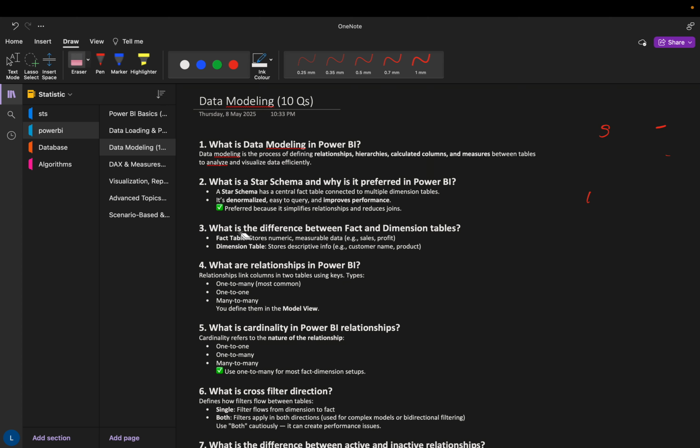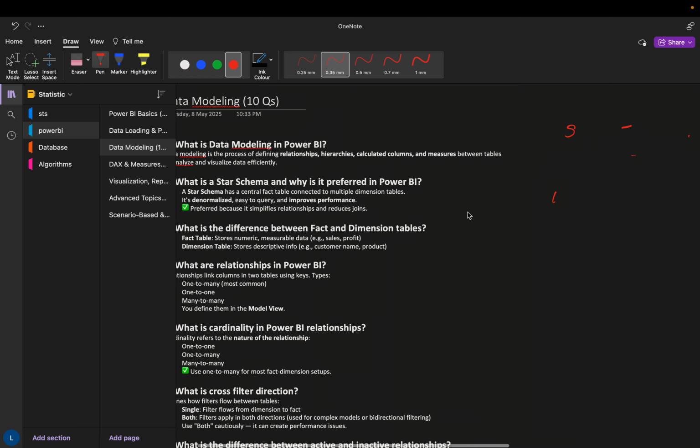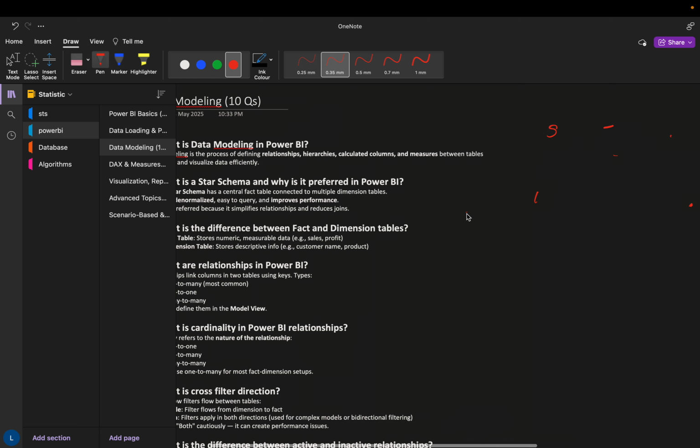Now for the next question we need to differentiate between fact and dimension tables, as I have previously also said. For example, here I have a table as sales, 100, 200, and here I have a table product, book, copy.